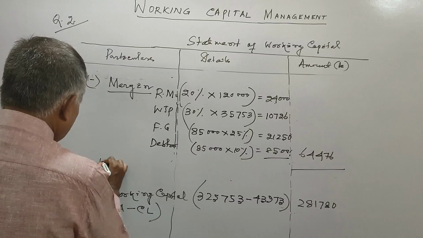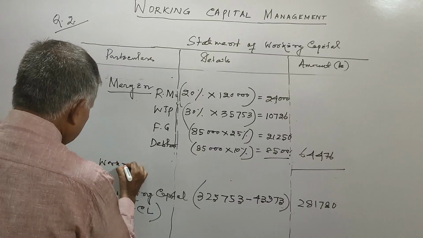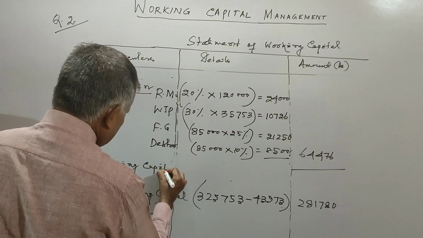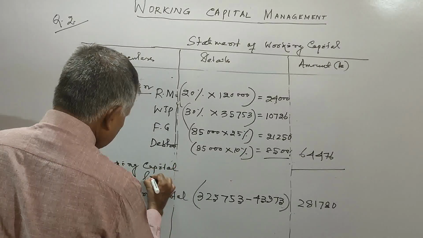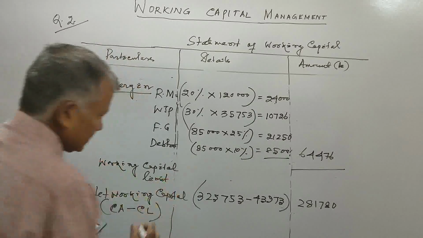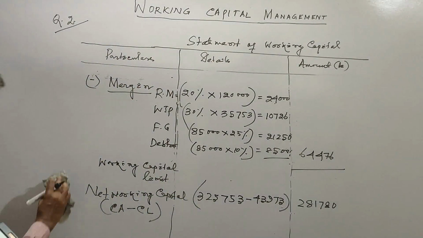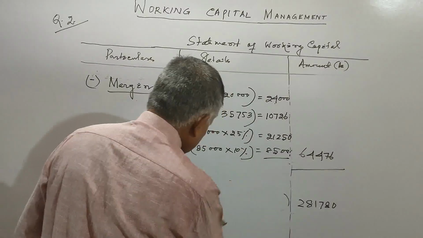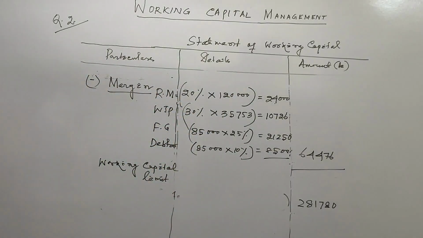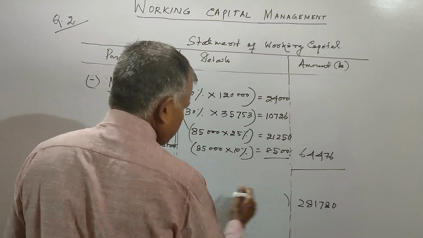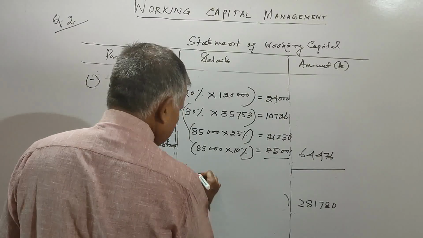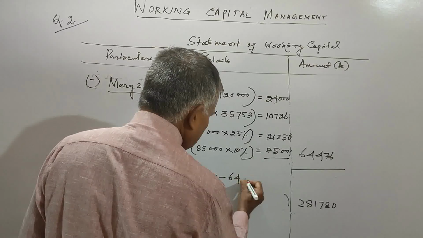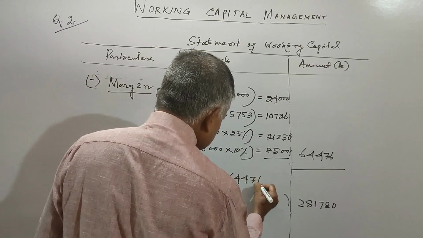This is your working capital limit, or we can say this is working capital finance. This will be 2,81,780 minus 64,476.